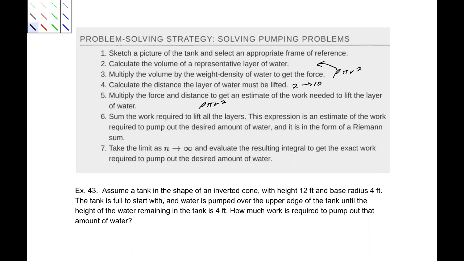The distance was from 2 to 10, and the x dx is where that comes in. Once we take the limit, that is the function that we get. So sketch it, figure out what's going on, figure out the volume of a particular layer of water, and then that's where our integral is going to come in. And the x is going to be the distance that we're traveling, so we have to make sure that we include that.